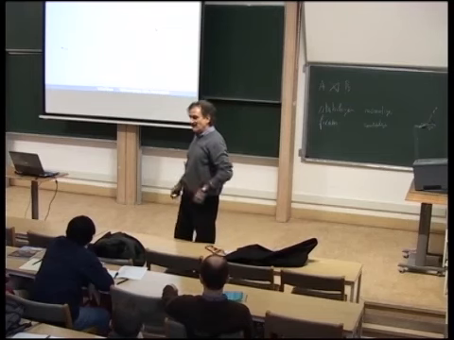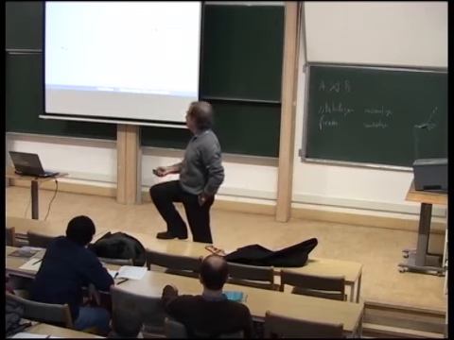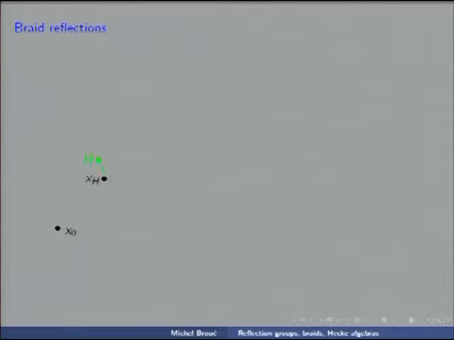So how do I define this braid reflection? First of all, I choose a point x_H which is close to H, very close. I'm doing some geometry, so allow me to be a bit vague.